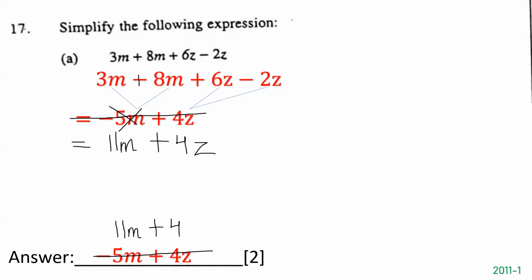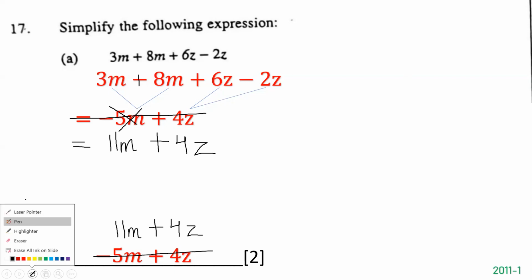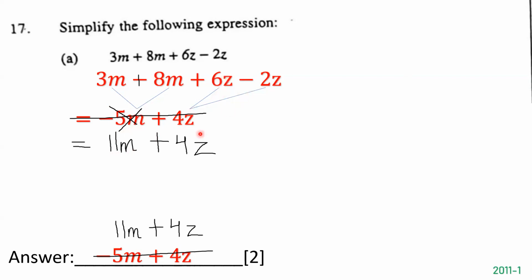That's the correct answer. How do we get that? Well, the good thing is that they already have it grouped together for us. So 3m plus 8m is 11m. And then 6z minus 2z is 4z. That's why it's 11m plus 4z.